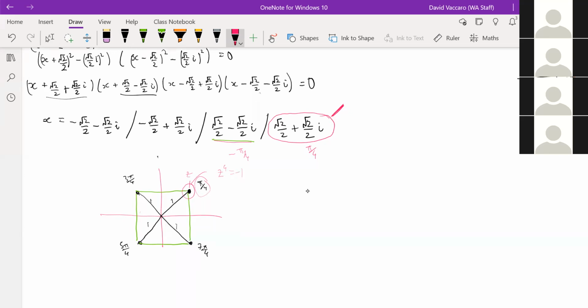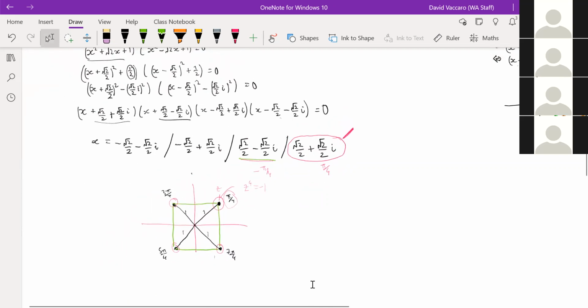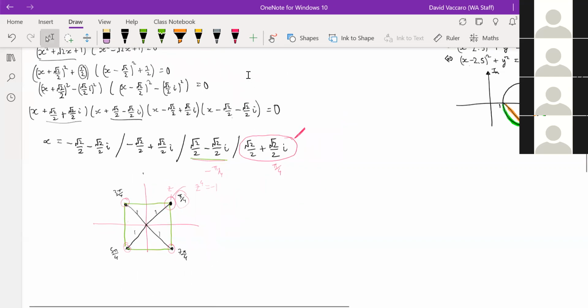Similarly, if I add 3 pi over 4 to itself 4 times, I get to 3 pi, which is the same as a complex number with an argument of pi, because 3 pi is one complete revolution followed by a pi. So we could have got these 4 numbers using complex roots.